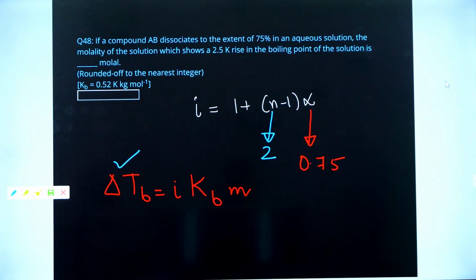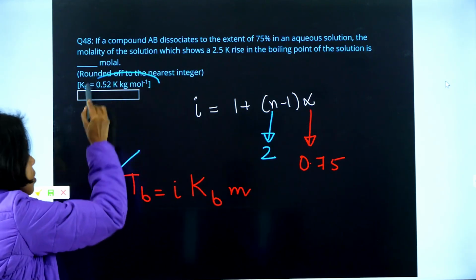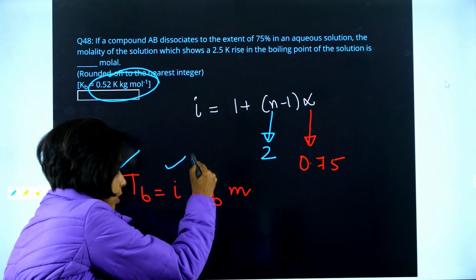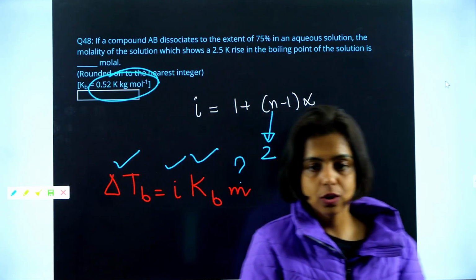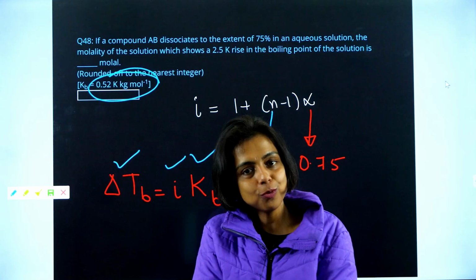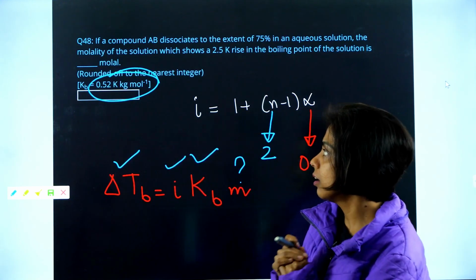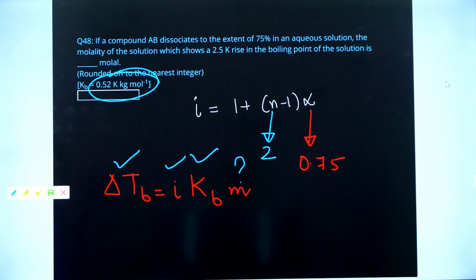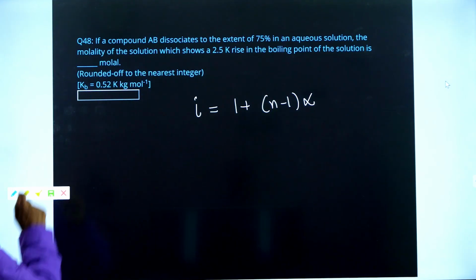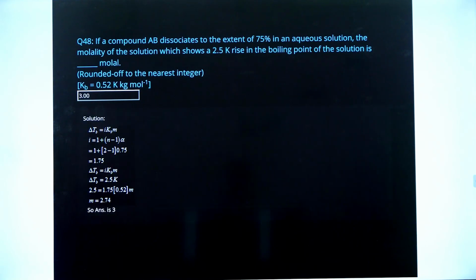Kb, though you should know it, is already given to you. Everything you know except m. Putting the values, I am sure you will get your answer, and because it is a numeric value you are expected to round it off to the nearest integer. Got it, guys? So the answer will be 3. A very simple, pretty basic question from solutions and colligative properties.